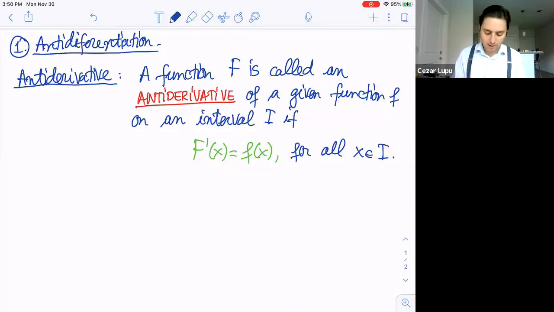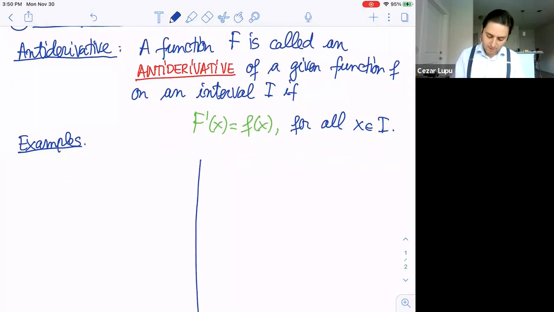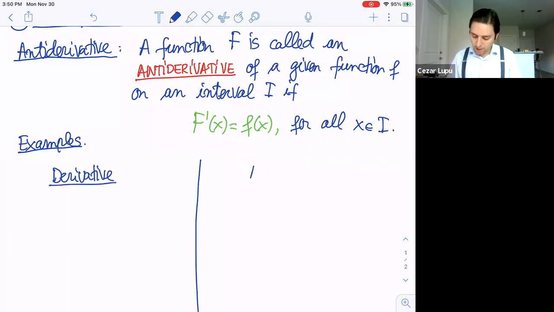And now let's see some examples. In these examples, we will show derivatives and antiderivatives. So here we have derivative. And here we will have antiderivative.